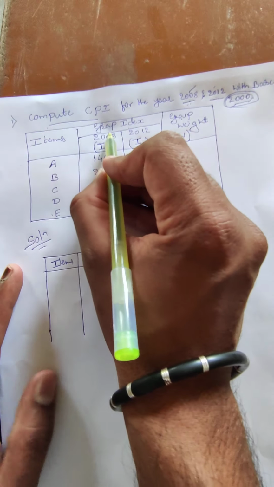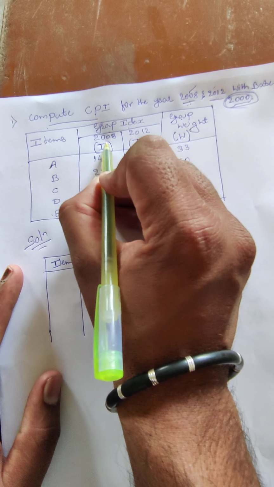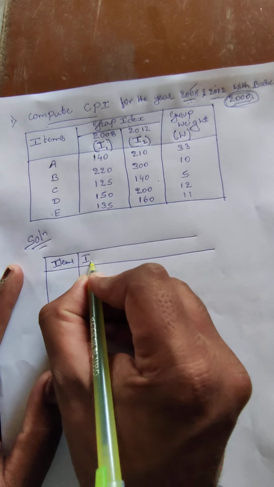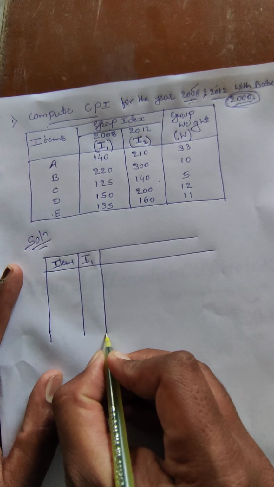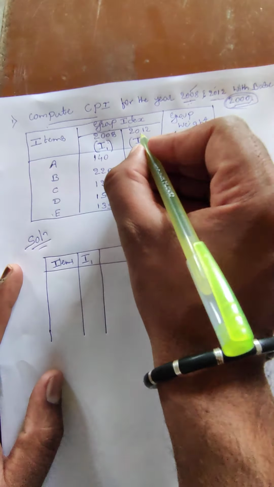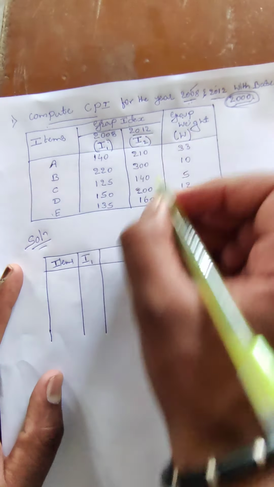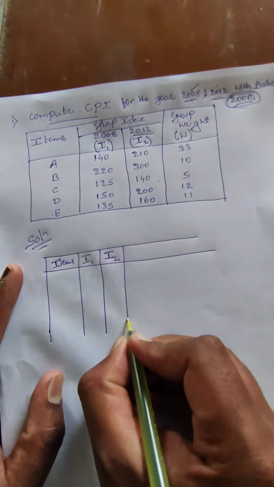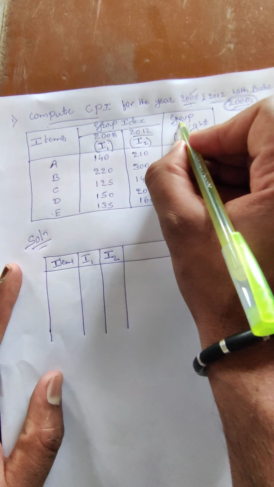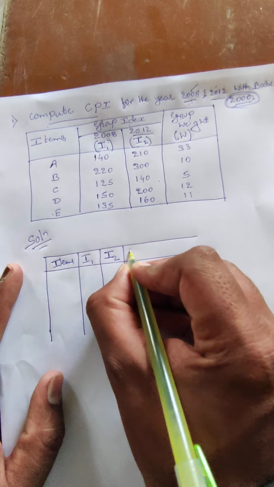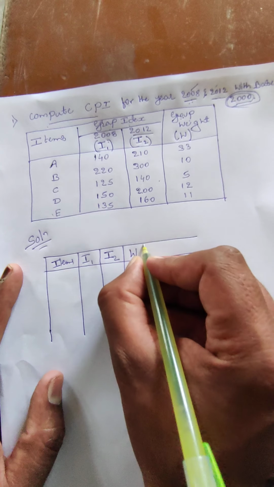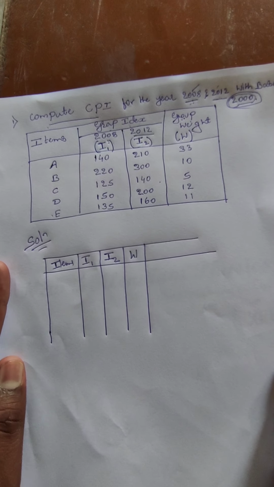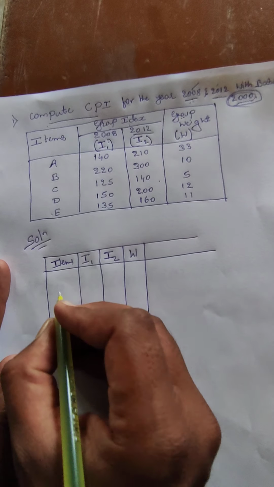Next they give information of group index of 2008, which we can denote as index 1, the first year index. Next they give information of group index 2012, the second year index, index 2. Next they give information of group weight, which we indicate as W. This is the given information, and we have to write it as it is first.